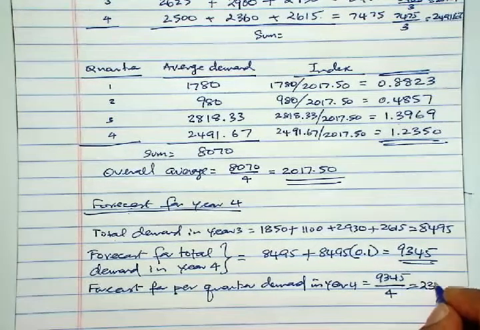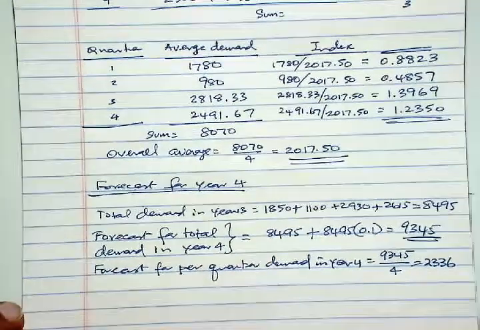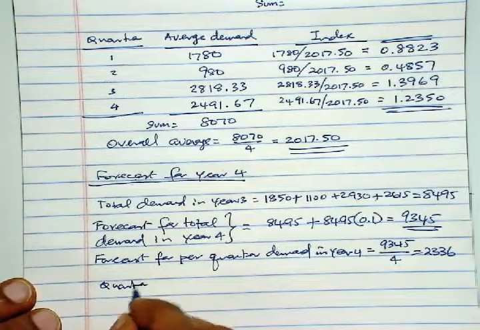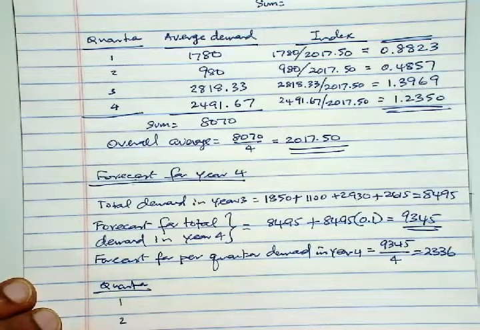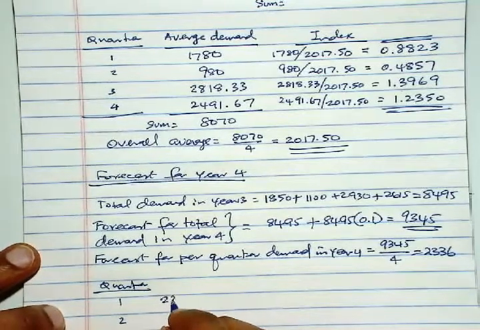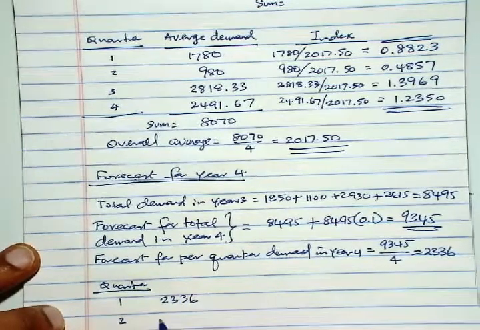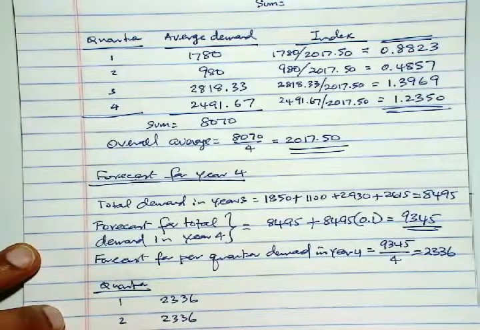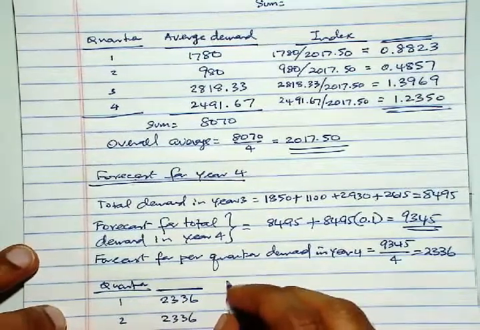So that is 2336. So for quarter 1, 2, 3 and 4, the average demand is 2336 for all the 4 quarters. But this is before adjusting for seasonality.